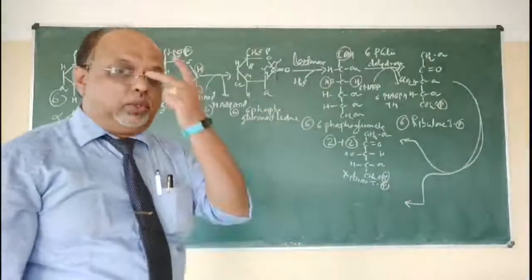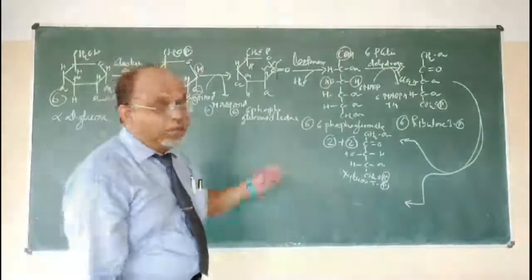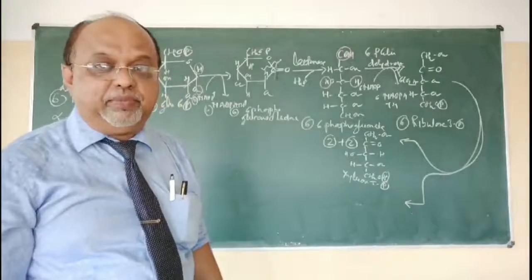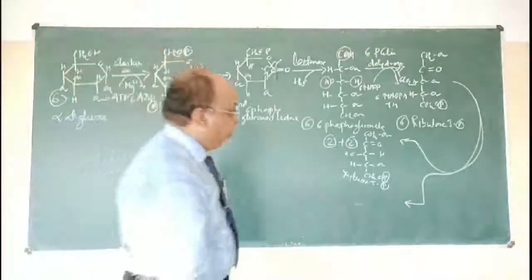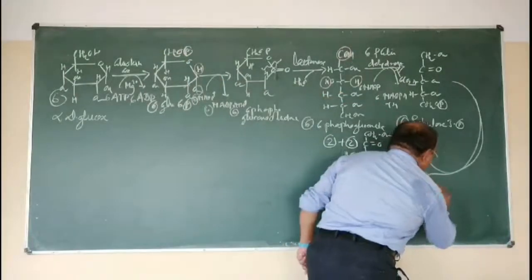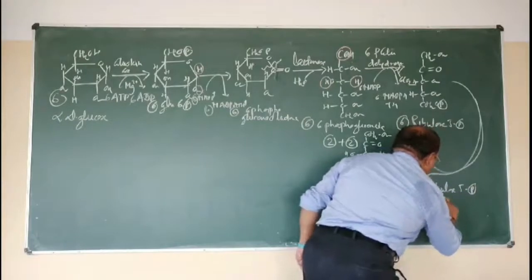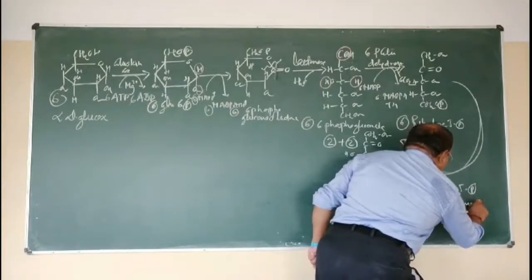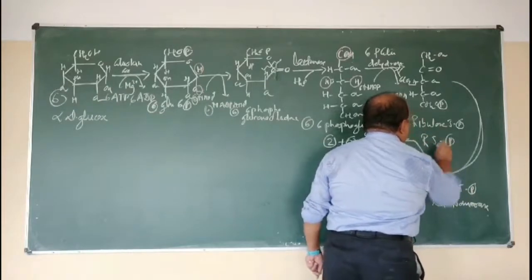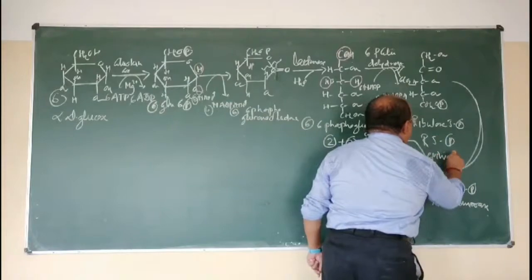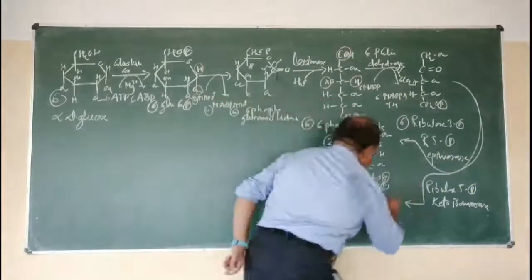the aldehydic sugar. So the remaining 2 molecules of ribulose 5-phosphate are isomerized to ribose 5-phosphate by the enzyme ribulose 5-phosphate ketoisomerase, and here it is ribulose 5-phosphate epimerase. Now let us draw the structure of ribose.